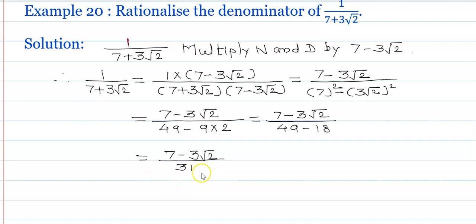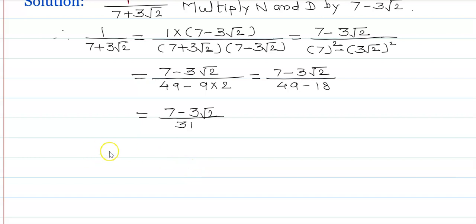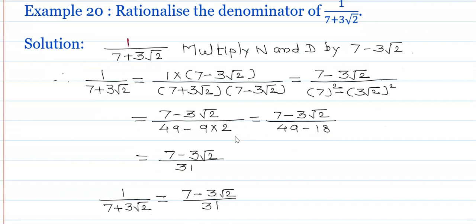Hence the denominator is rationalized, that is 1 upon 7 plus 3 root 2 equals 7 minus 3 root 2 upon 31. Okay, you can check this: 7 square 49, 9 into 2, 18, 49 minus 18, you will get 31.